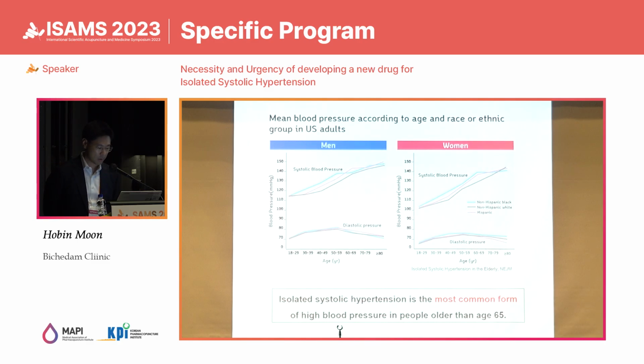This makes isolated systolic hypertension the most common form of hypertension in older people. In other words, ISH is not a common classification that we've heard of, but it is the most common form of hypertension.